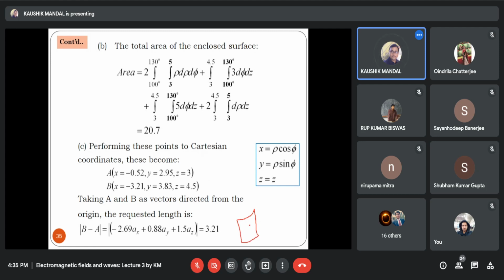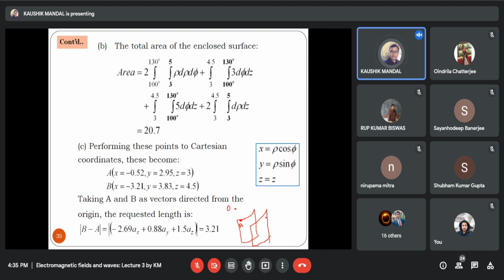One is this, another is, suppose, this. Suppose this is the center of the coordinate system O, and first we consider one point A on the first cylinder.